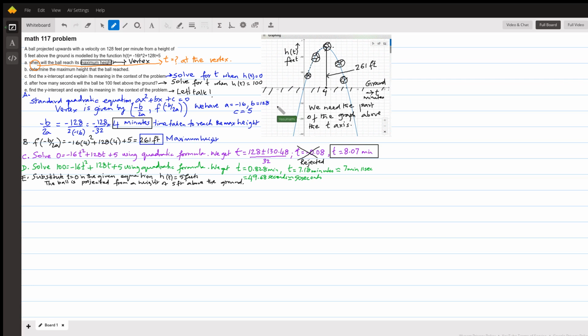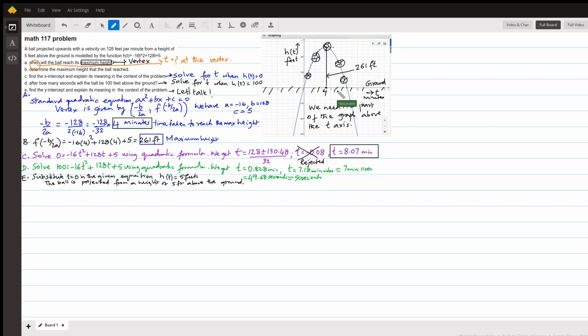So the first question is, when will the ball reach its maximum height? I just pulled out the graph from my Windows calculator here, and look at the graph only above the x-axis, or the t-axis, because the t-axis represents the ground.